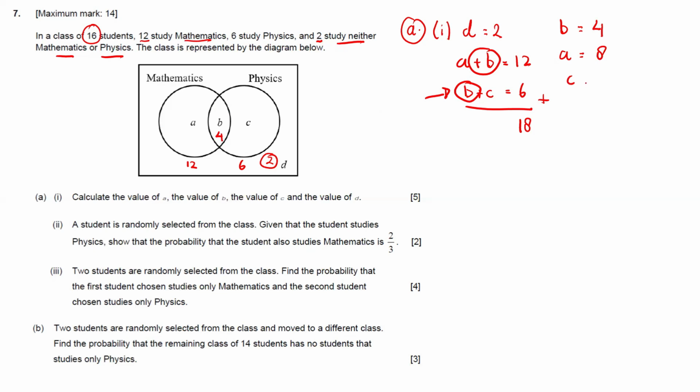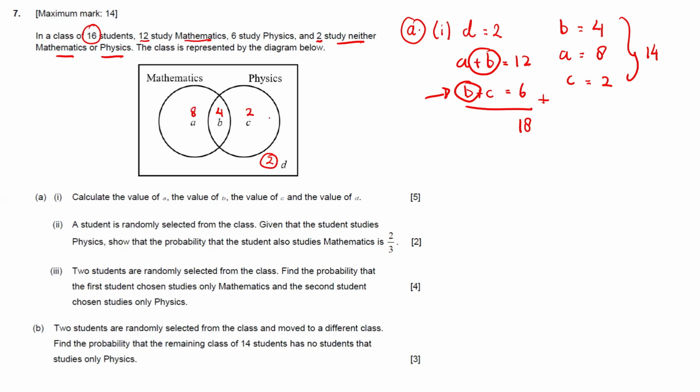And then our C is just going to be 2 right there. The total of this is 14. Okay, so that's our answer for A, B, C, and D. Let me write it here. So it's 4, and then 8, and then 2.